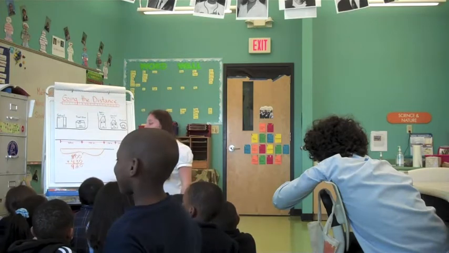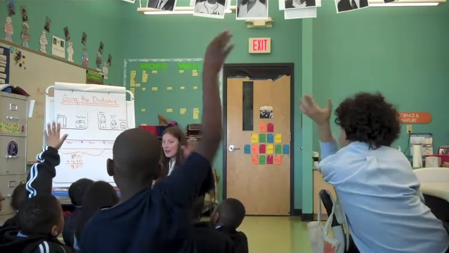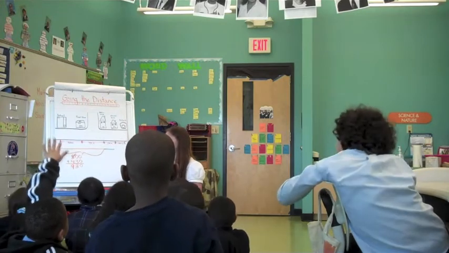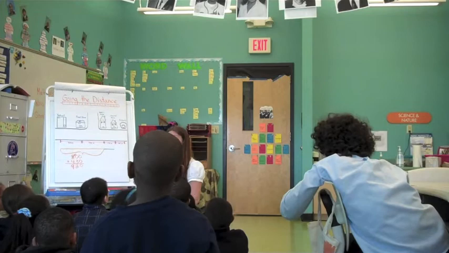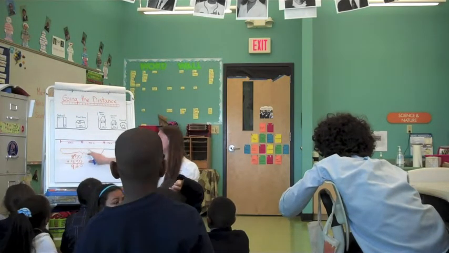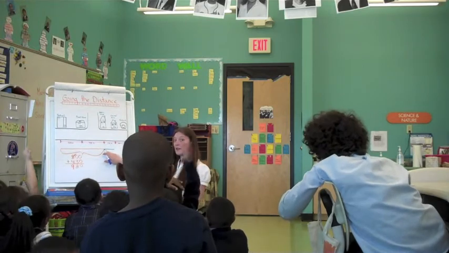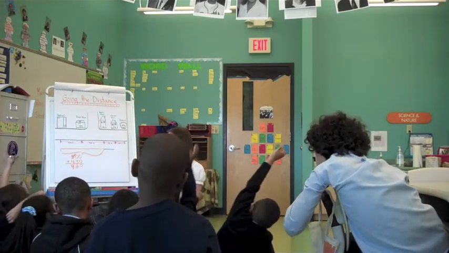Awesome. So what two numbers did Alex say that we had to add this time? Demarius. 170 and so we already know this distance. 500. Right?